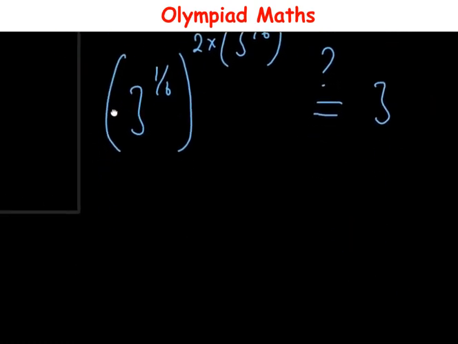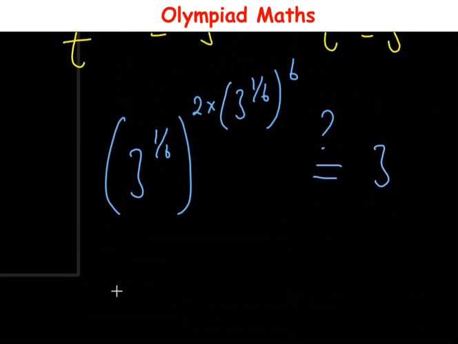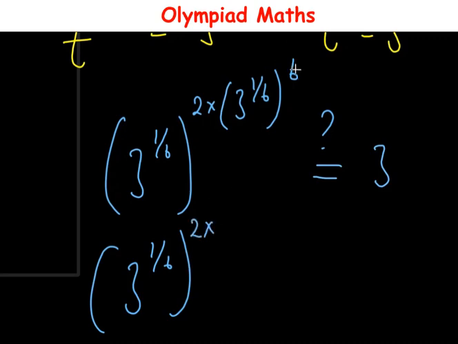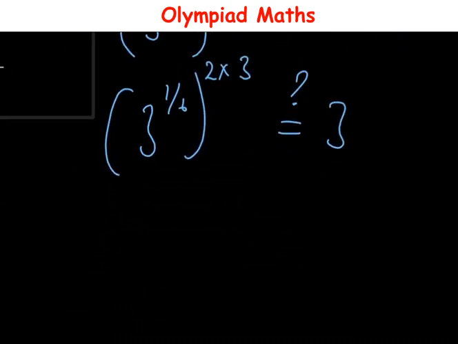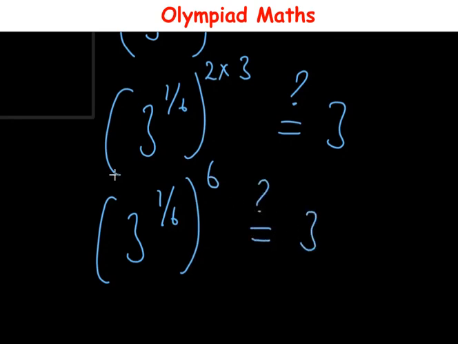So from here, what we are going to do is, in brackets, 3 raised to power 1 over 6, then power of 2 times 6, we cancel this 6. What we have is 3 power of 1, which is the same thing as 3. With this equal to 3? So from here, we have, in brackets, 3 raised to power 1 over 6, all raised to power 2 times 3 is 6, which is equal to 3?